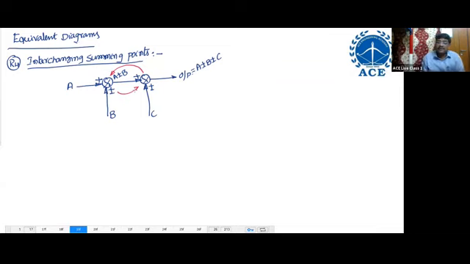You will get the same output. A, here the summing point now has plus or minus C, here plus or minus B. The output is A plus or minus C plus or minus B. Are both the same or not?